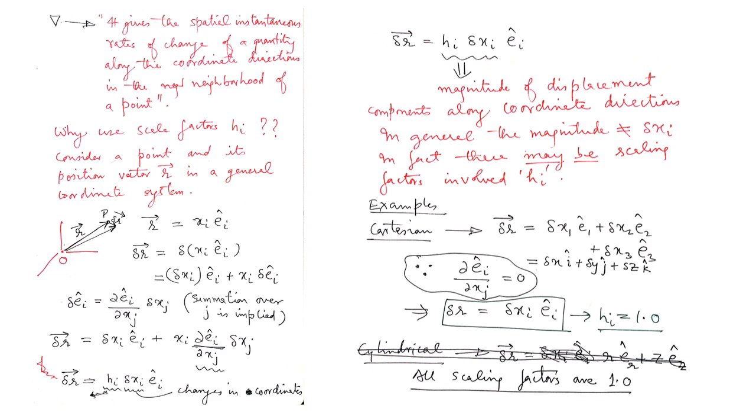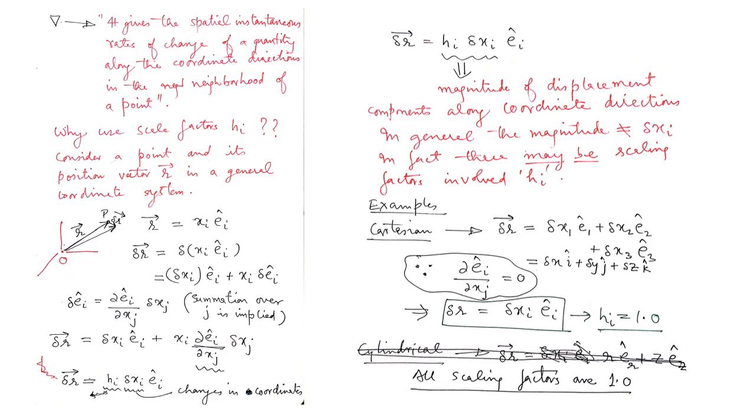Now notice two things. Both the terms, though they look very different because they come from different sources, are similar. The first term is purely the effect of change in coordinates, whereas the second term is the effect of change in unit vectors. But mathematically they look very much similar, in the sense that they involve a change in the coordinate, delta xi in the first one and delta xj in the second one.